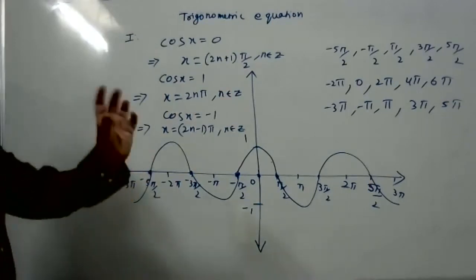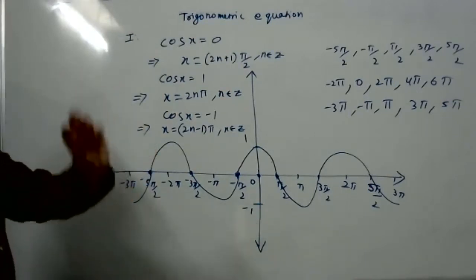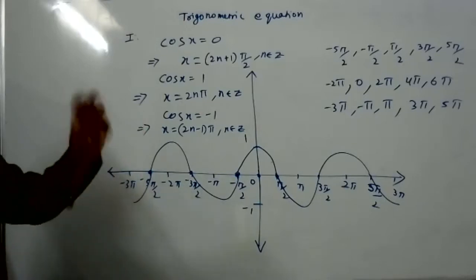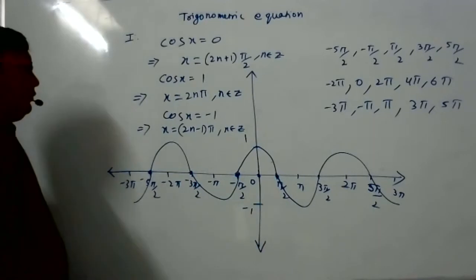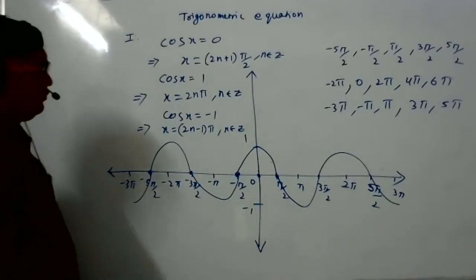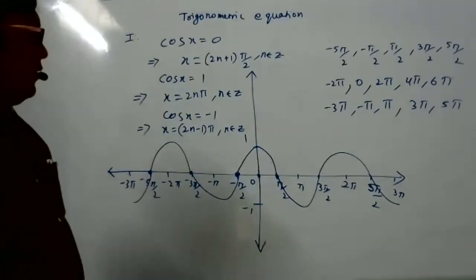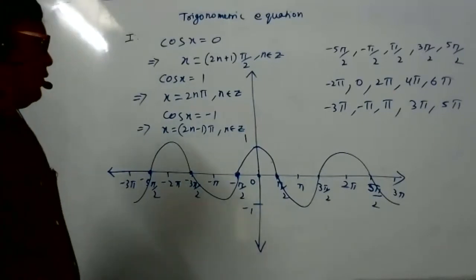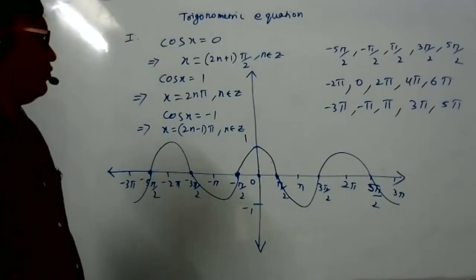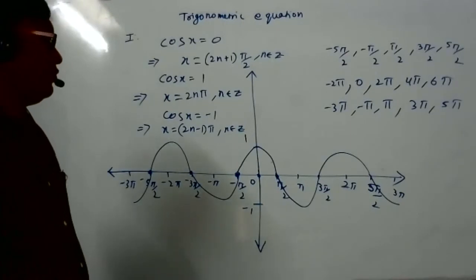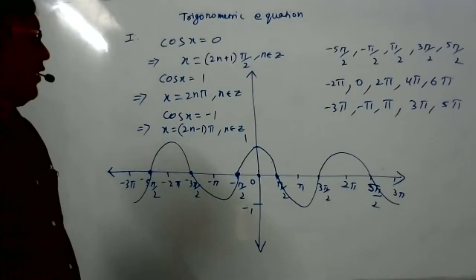How to write in general term? We are writing 2 pi, 4 pi, 6 pi means 2n pi. Pi, 3 pi, 5 pi means we can write (2n minus 1) pi. Sir, we can also write 2n plus 1. Yes, 2n plus 1 also will work. Okay, meanwhile write 2n minus 1 only.